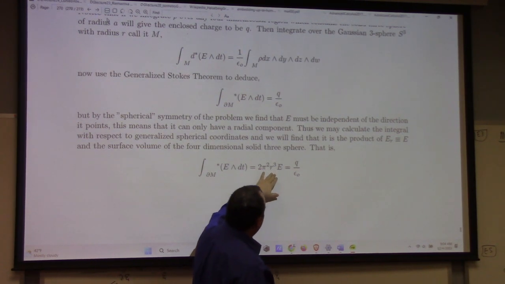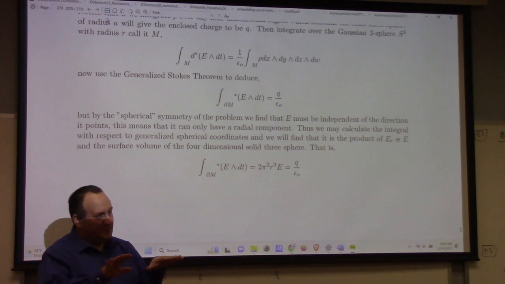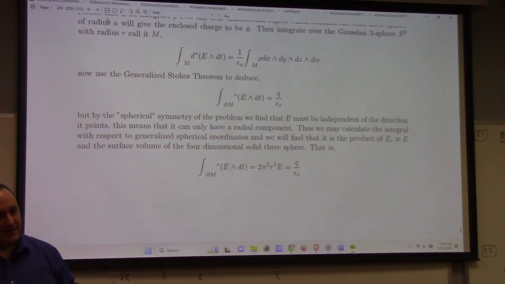So if your electric field spreads out into 4 dimensions rather than 3, instead of having an inverse square law, you end up with an inverse cube law. And of course, the significance of the 2 pi squared r cubed is that that's the surface volume of the hypersphere.